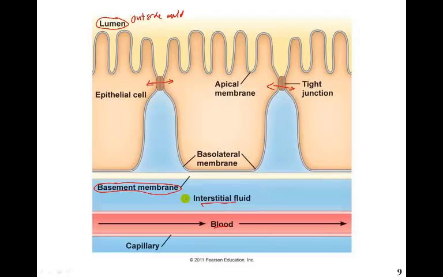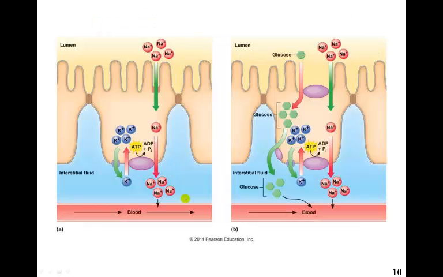A key fact about epithelia, and here's a diagram sort of showing them moving things from the lumen into the cells, and then from the cells into the interstitial fluid: most material that passes from the outside world to the body actually has to go through the cell. Okay, the epithelial cells actually move things into the cell, and then move things back out the other end. And they do that so that they can regulate what does pass through and what doesn't.